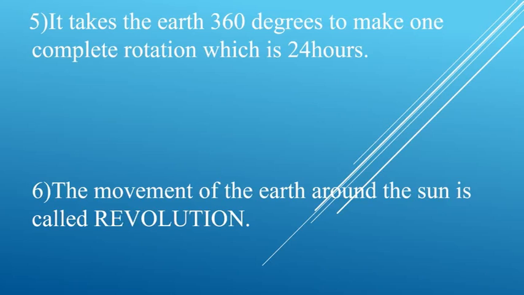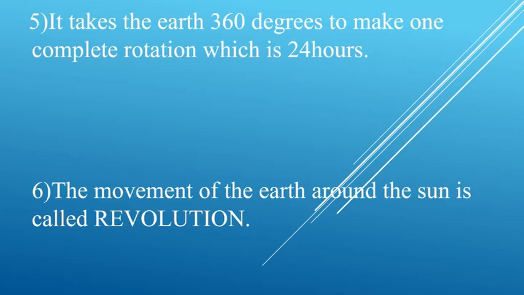I've mentioned this, revolution. Now, when the Earth is moving, it does a very long movement around the sun and a short movement. So the short movement is what we call the rotation and the long movement is what we call revolution. I think I have to meet you one day when school opens and I will demonstrate to you how the movement takes place.